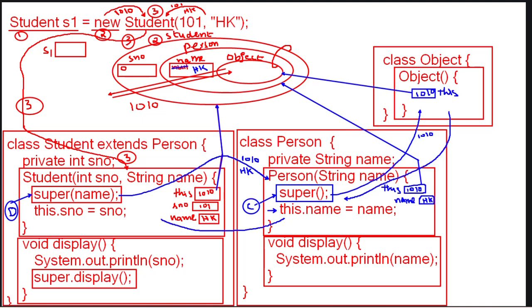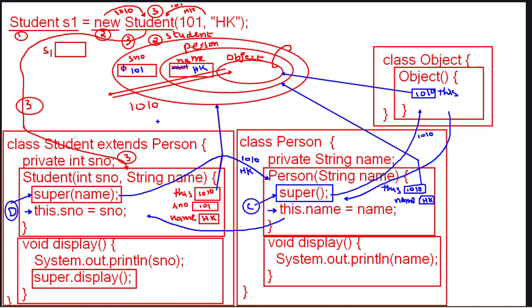Then control comes back to the subclass constructor. Now the statement is executed: SNO stored in this dot SNO, 0 replaced with 1 or 2. Memory is allocated and initialized from superclass to subclass. But tell me, is calling from superclass to subclass or subclass to superclass?